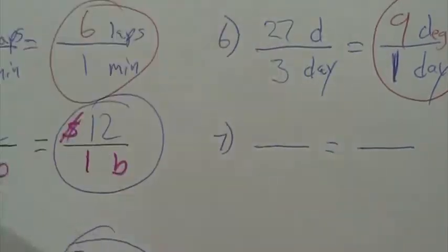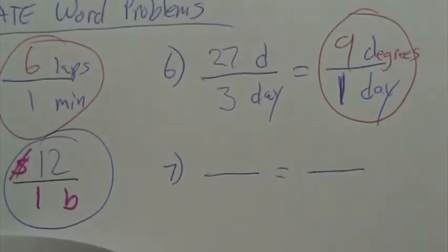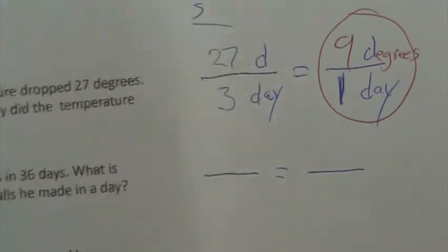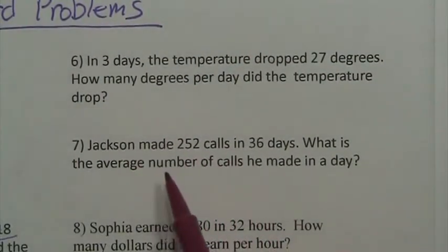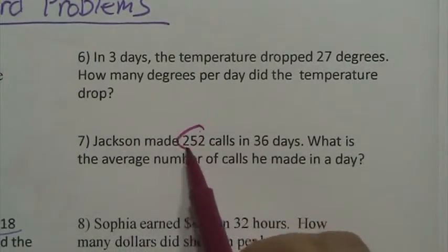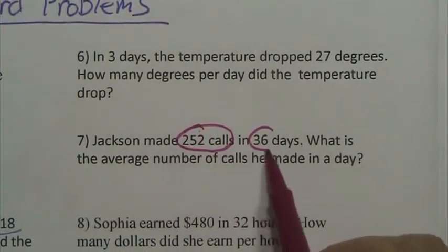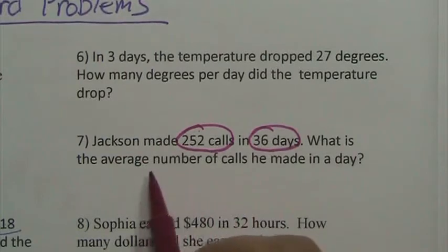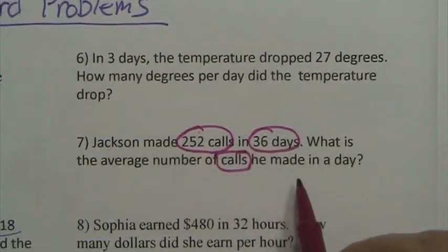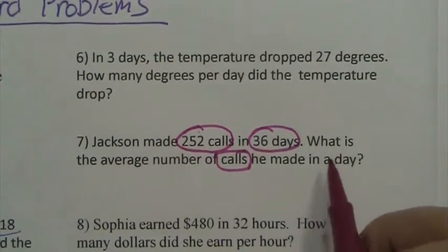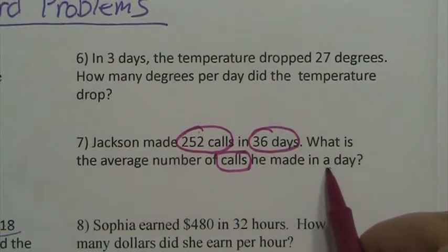All right, we did number 6 together the last time. Number 7. Okay, let's see. Jackson made 252 calls in 36 days. What is the average number of calls he made in a day?